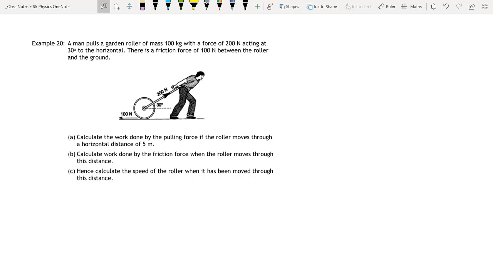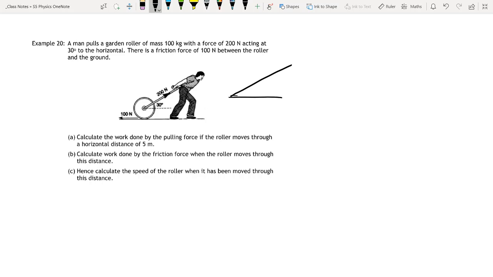But this time, we want to calculate the work done by the pulling force if the roller moves through a horizontal distance of 5 meters, and then the work done by the frictional force when the roller moves through that distance. So first thing to do is, we're looking at horizontal distances, so we need to find the horizontal component of the force.